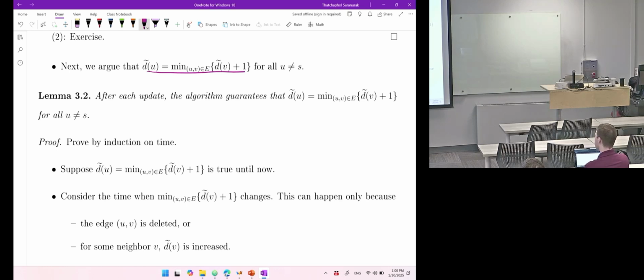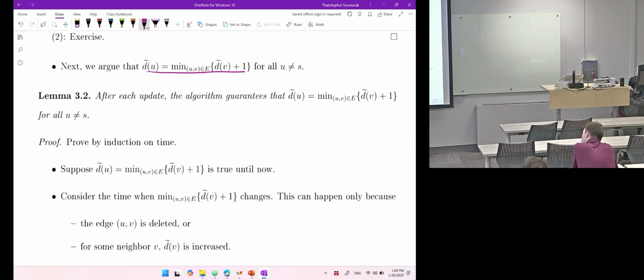Okay. And suppose that we consider the time that this thing changes. If this doesn't change, then it remains true. But how can this expression change? It can change only when edges change or the level changes.